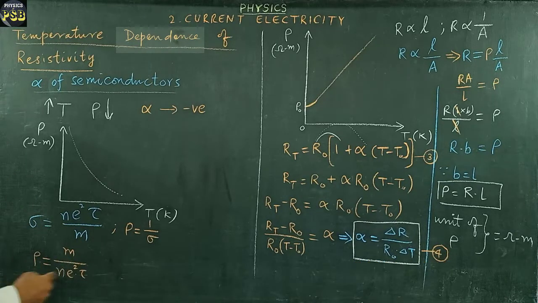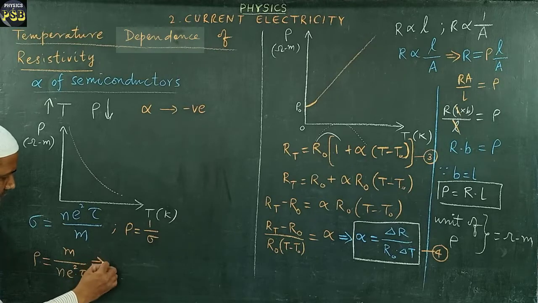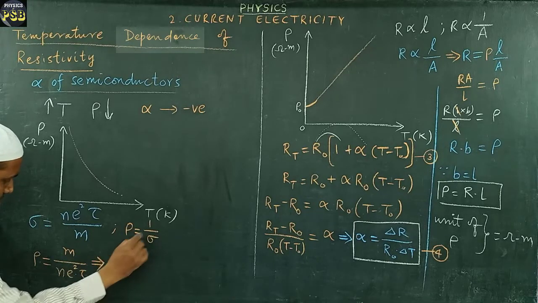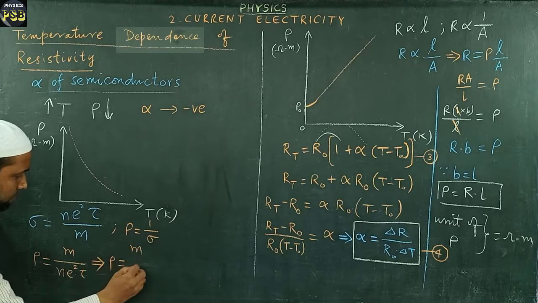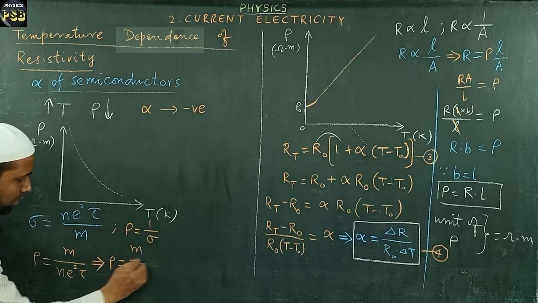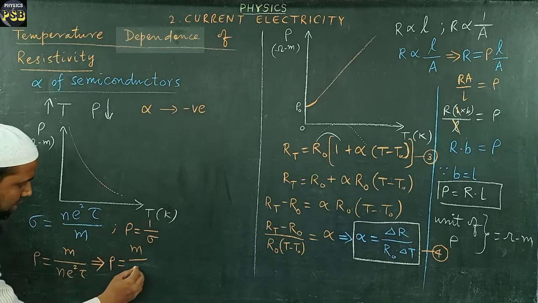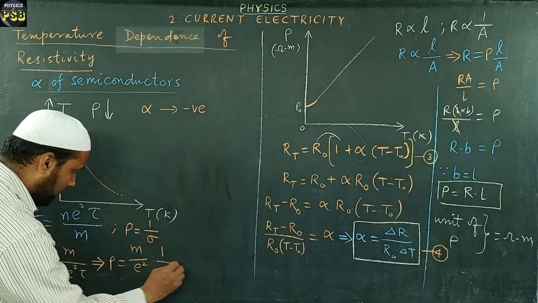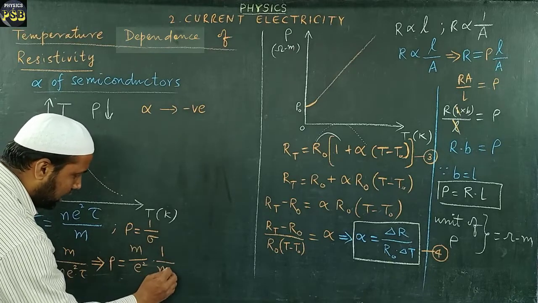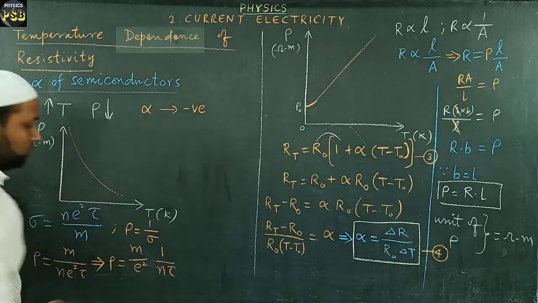Now this equation can be written in this way. Rho is equal to m upon e square into 1 upon n tau.